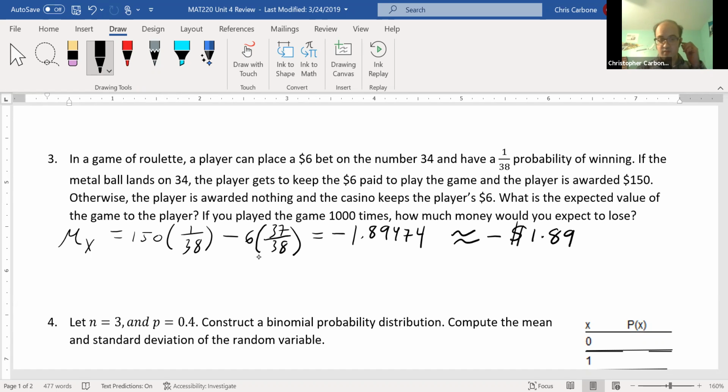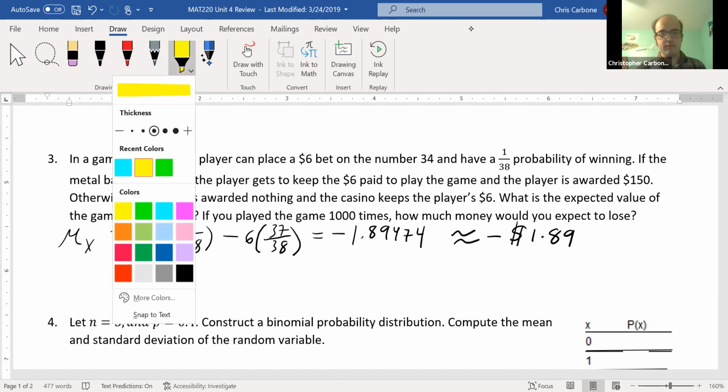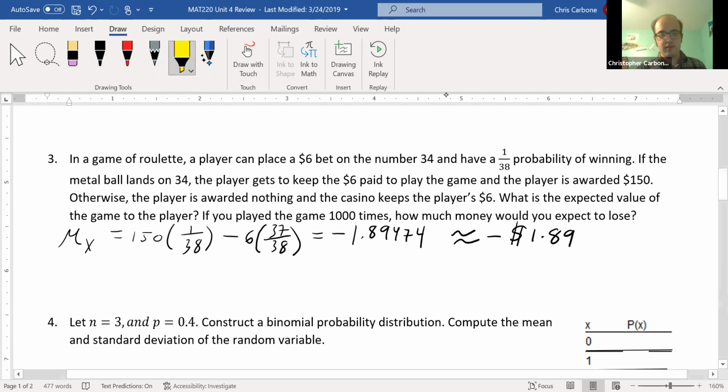Now, the second part of this wants to know, if you played the game 1,000 times, how much money would you expect to lose? So for this, we are going to multiply this unrounded version by 1,000.